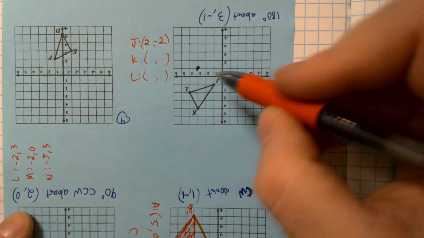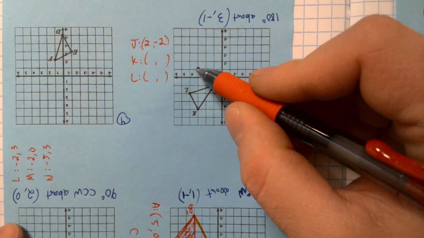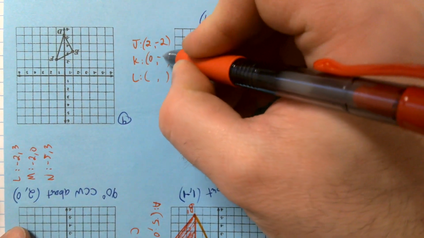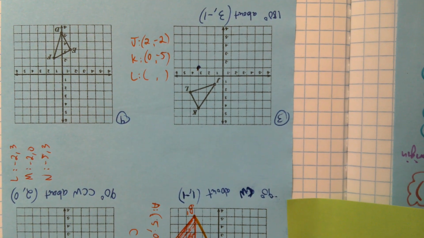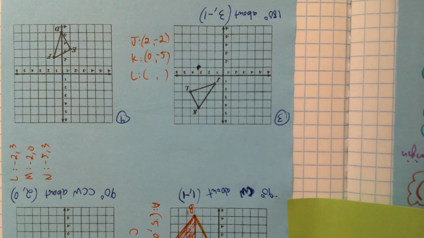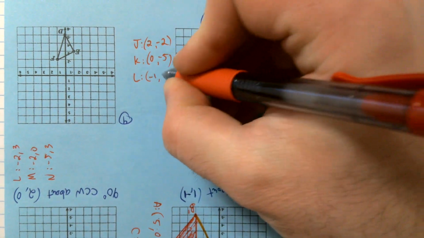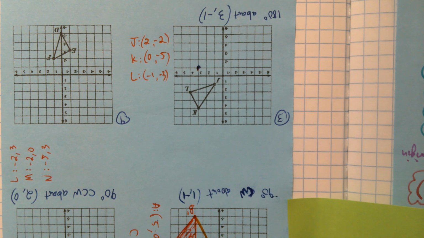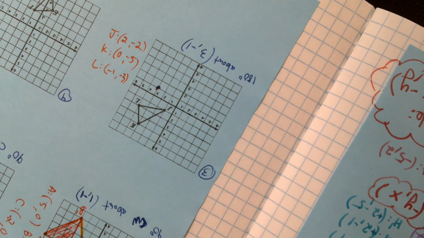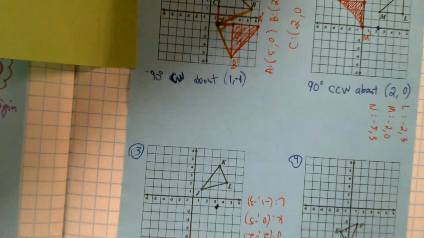What about K? 0, -5, maybe? What about L? -1, -3. Great job. Okay, any questions on that? Perfect. Flip it around, 2 times back around.